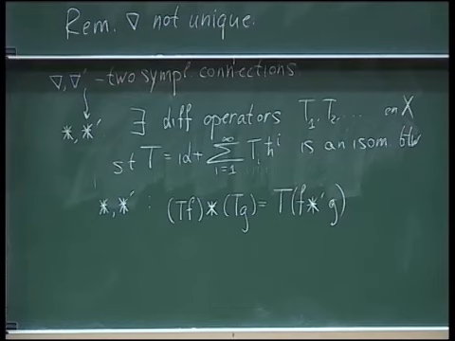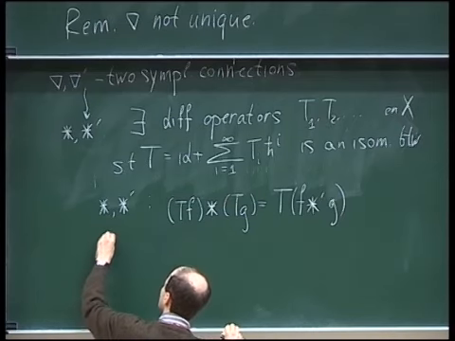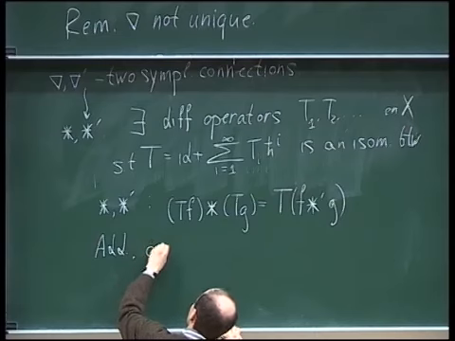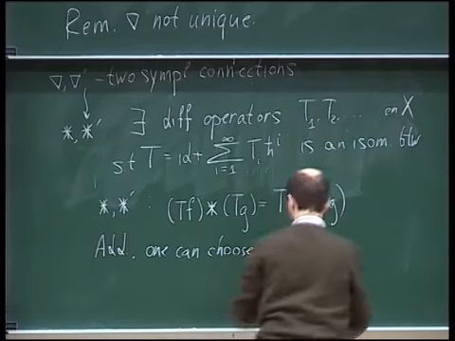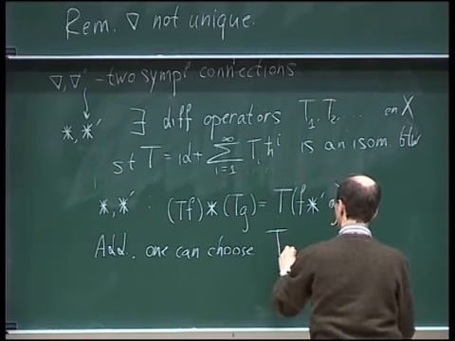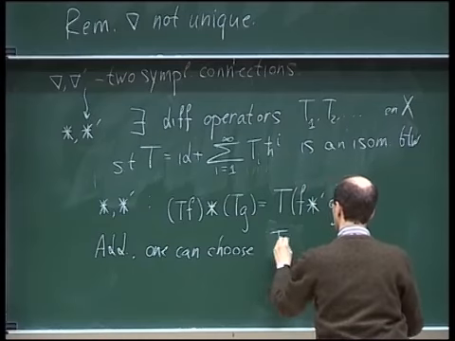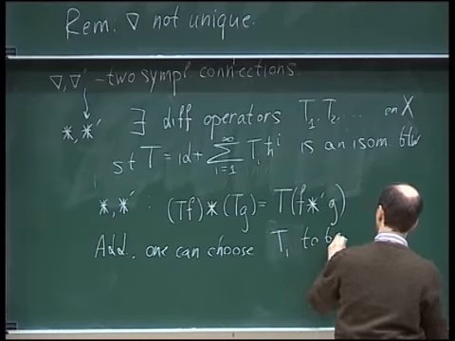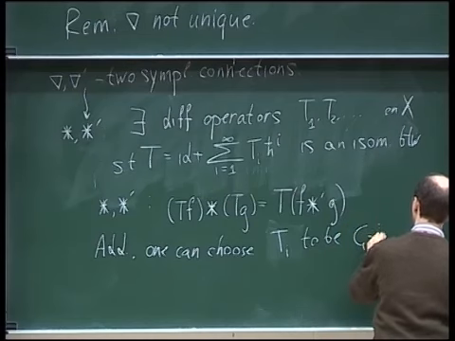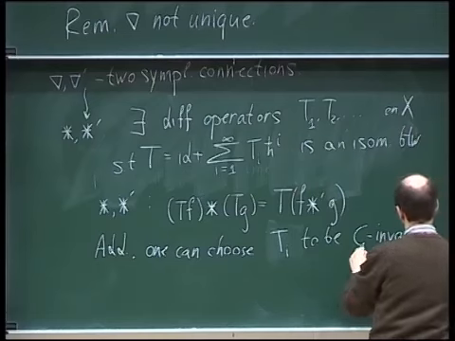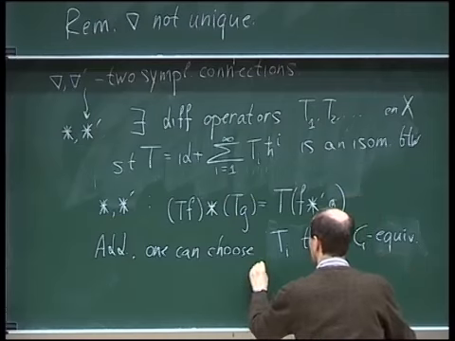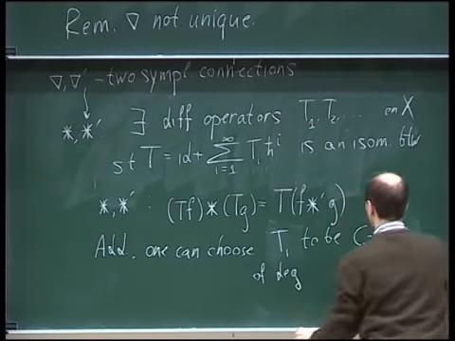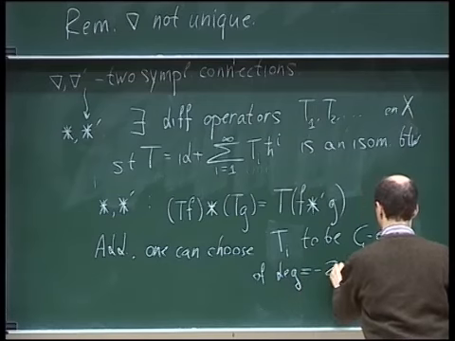And once we have group actions, additionally one can choose the Ti to be G invariant, or maybe I should say equivariant, and of degree minus 2i.